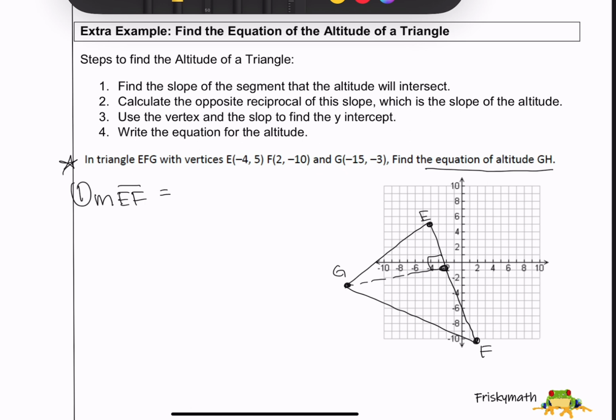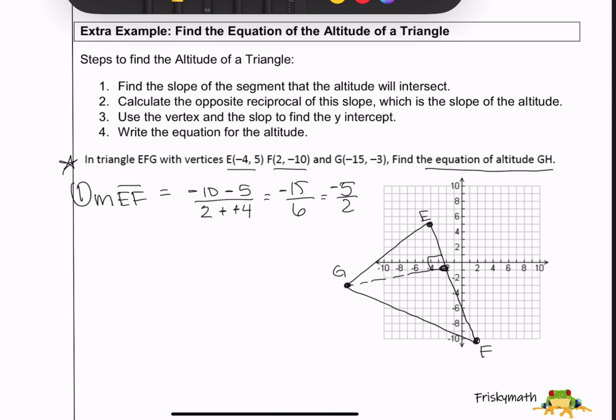Using points E and F, I'll do the change in the y's over the change in the x's. 2 minus -4 is really 2 plus 4. So I end up with -15 over 6. Both of those can be divided by 3, so I reduce it to -5/2.